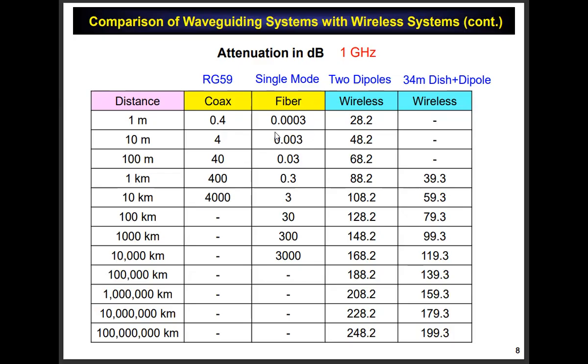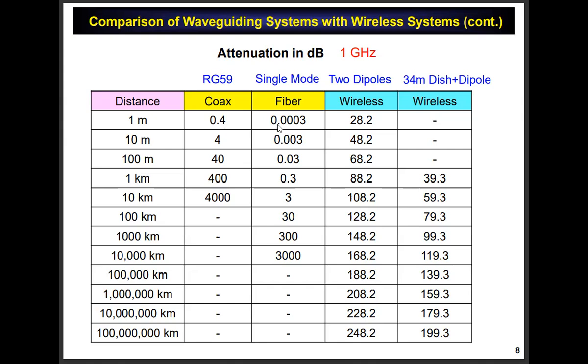Okay, now, even though the fiber has a much lower attenuation than the coax, they both have one thing in common. They're both waveguided, they're both transmission line type systems. So they're characterized by alpha, which is nepers per meter, or if you multiply by 8.686, dB per meter, right? So notice that the total attenuation in dB, in either case, is just proportional to the distance. So for example, for the coax, here's 1 meter. So I can say the coax has an attenuation of 0.4 dB per meter.